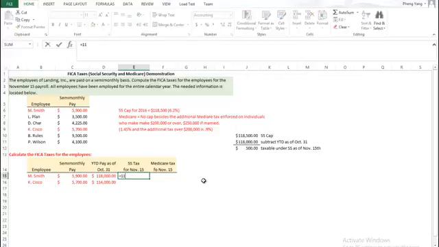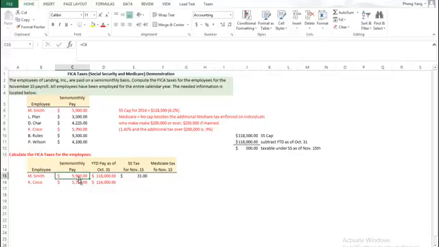So I'm going to say $500 here, or you can just do this calculation right in here. Take $118,500, subtract the $118,000, it's going to give you $500. And then what you'll do is just take that $500 times the 6.2%, which will give us $31.